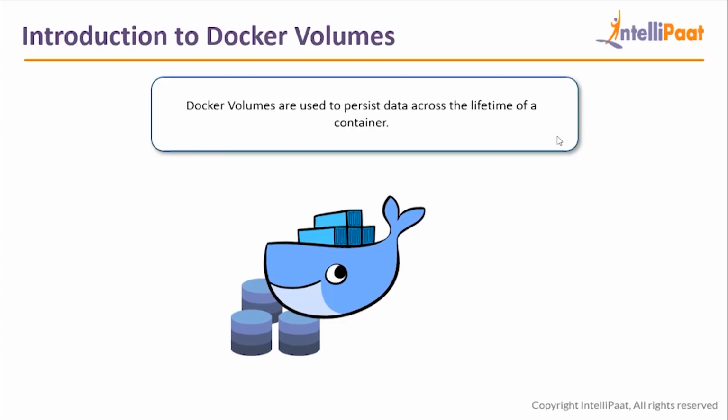They are written outside the container, and that location is basically mapped inside the container. So irrespective of whether the container is deleted or started again, the container which is being attached to that volume will have the same file system as that of the older container, and that is how this problem is solved, that is, of persistence of data across the container lifecycle.